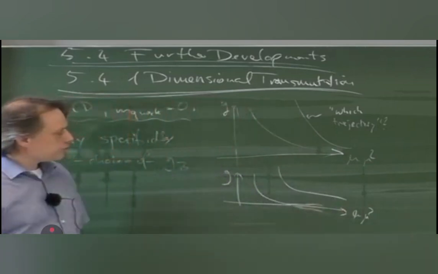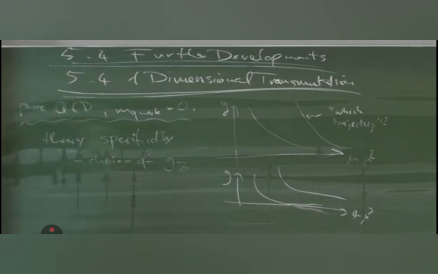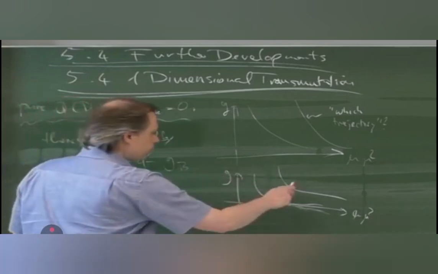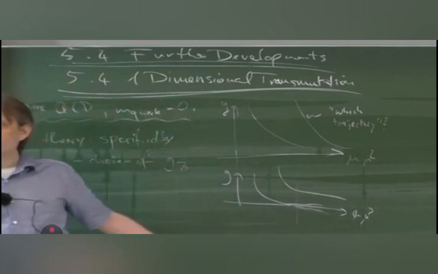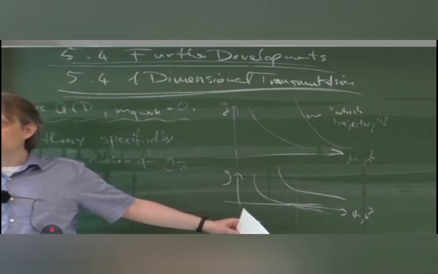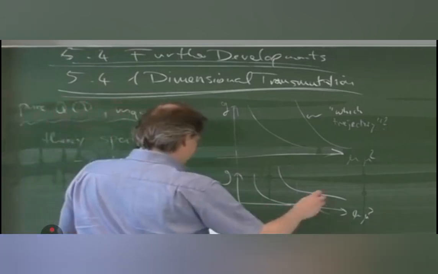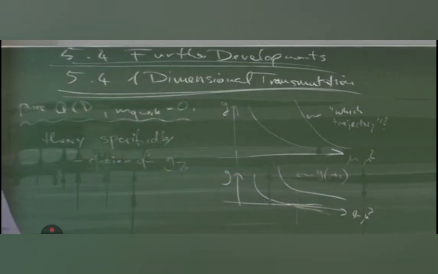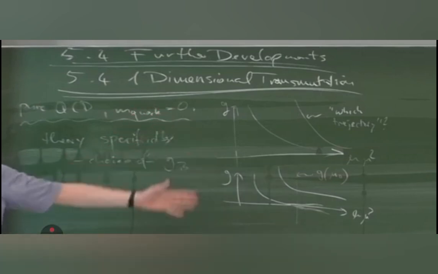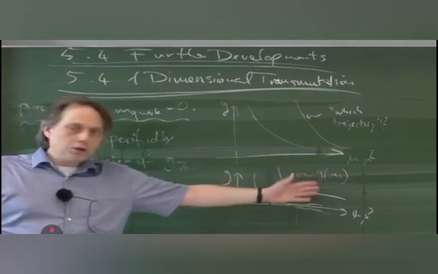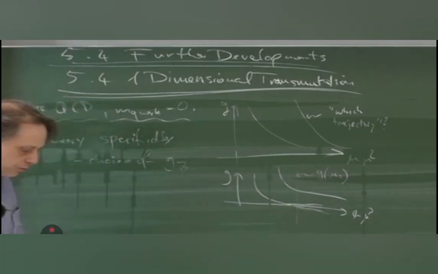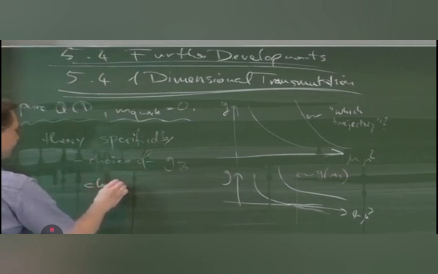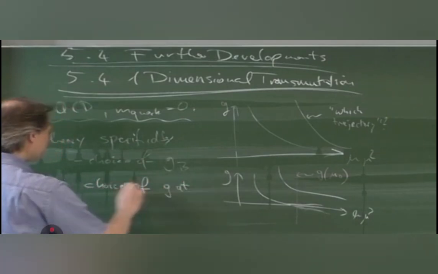And of course the natural thing would be to say we specify our theory by choosing a value of the renormalized coupling, but in order to specify the renormalized coupling we must now specify a value of mu at which we provide the value, a reference scale, and then we specify the coupling at that reference value.